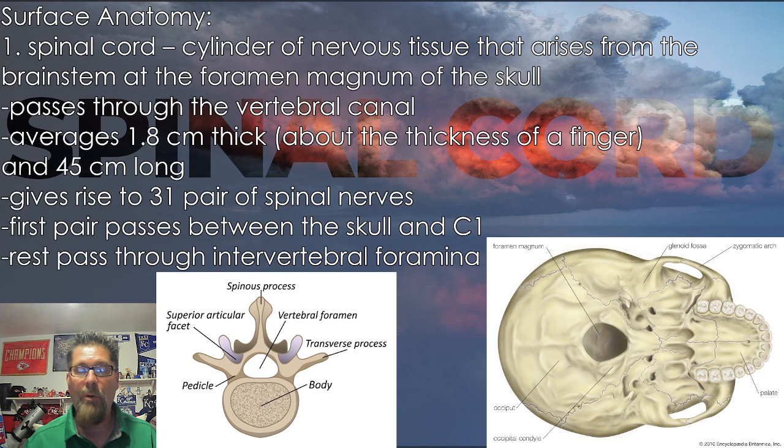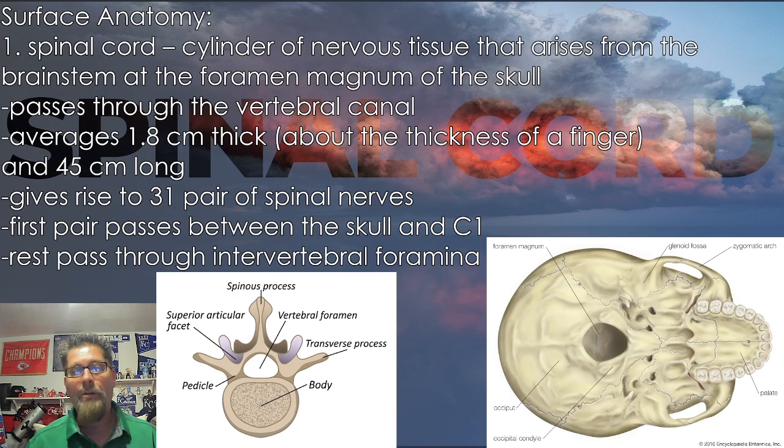Next chapter we'll see more about the brain, but the brain stem comes out of the skull area and down your body, and as you can see it's about 45 centimeters long, almost 2 centimeters wide, so I think it says there the thickness of your finger.